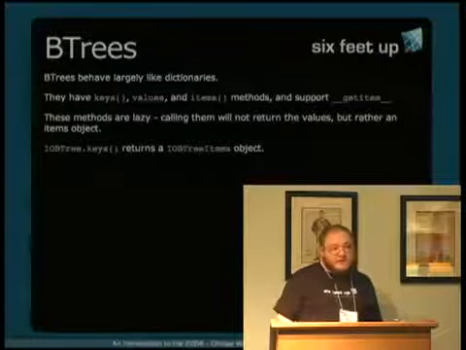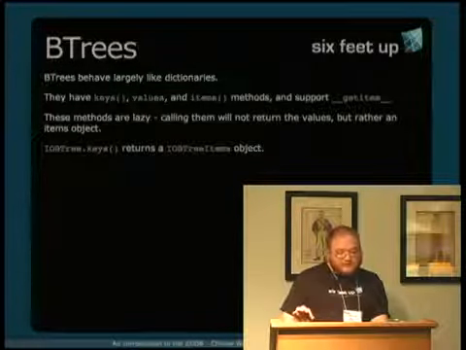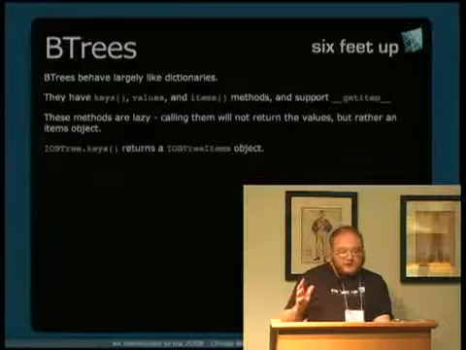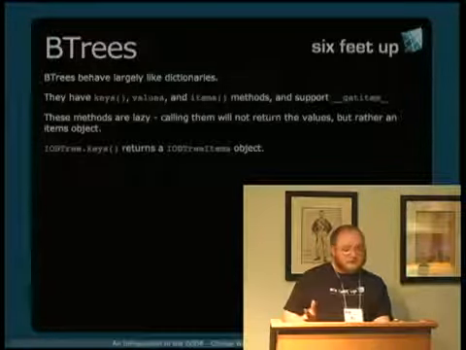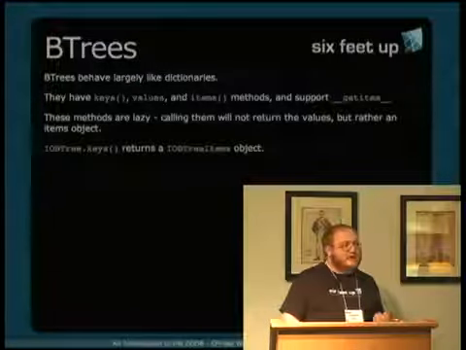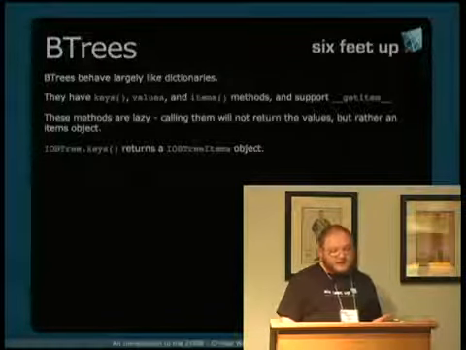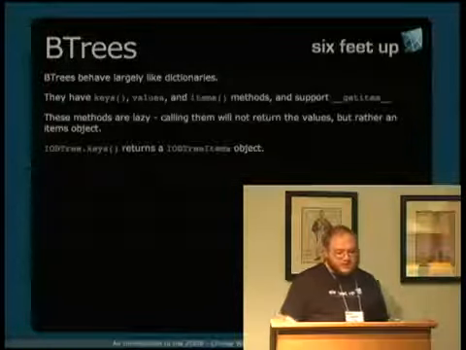The thing that's tripped me up with it though is all 3 of these methods, the keys, the values, and the items, those are all lazy. So if you say btree.keys, you're not going to get back a list of keys like you would with a normal dictionary. You're going to get an items object.